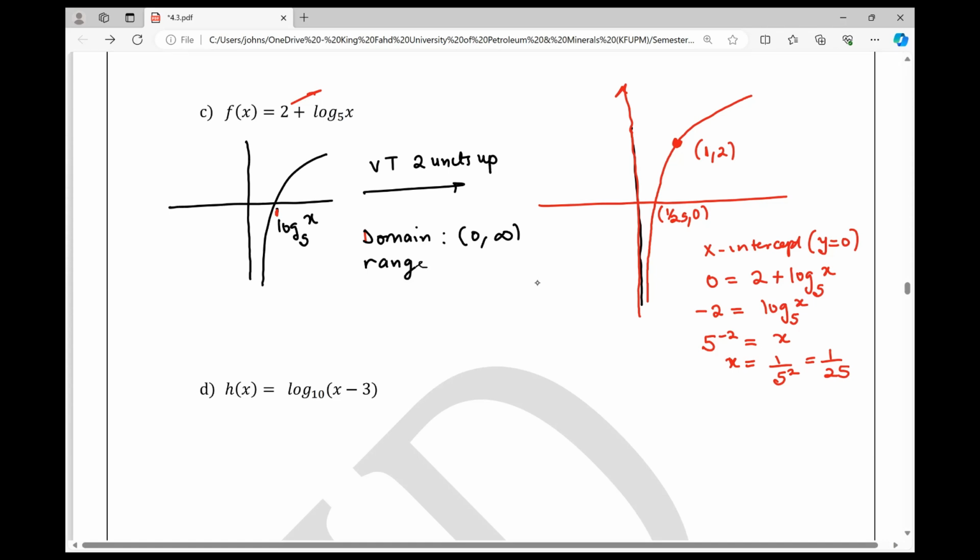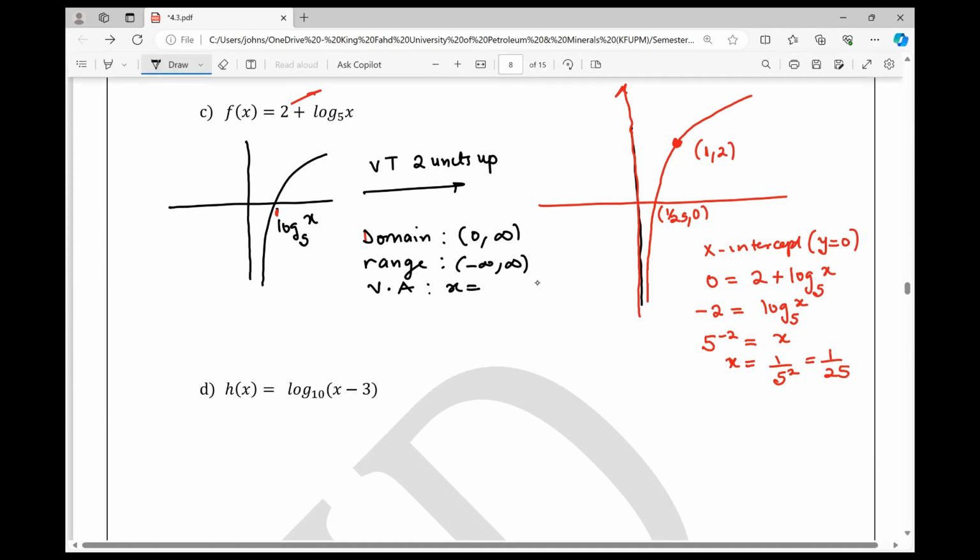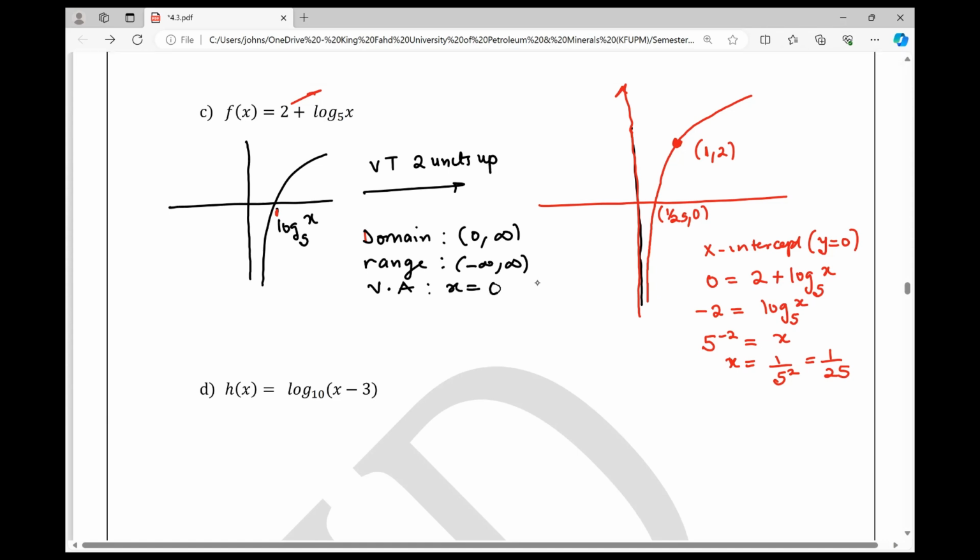The range will be from -infinity to infinity. And what else? We have the vertical asymptote. The vertical asymptote is x equals 0.